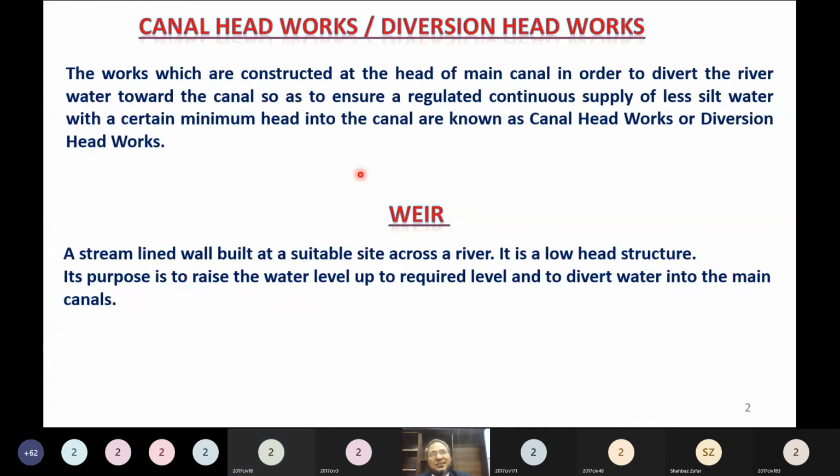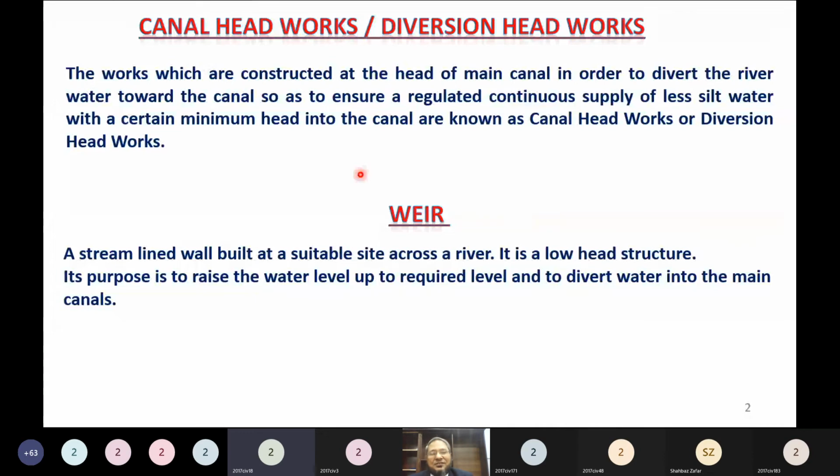We provide gates, and the ponding obtained by gates is more than that obtained by the crest height. So every barrage is a headworks, but every headwork is not a barrage.